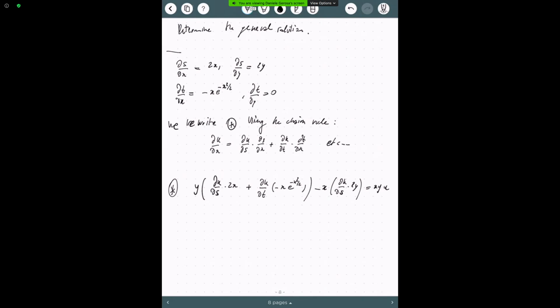So now you see that this guy simplifies with this guy, right? Because we have minus x2 and we have the same thing, and then what we are left with is the du dt times this. There is a minus half is equal to this.